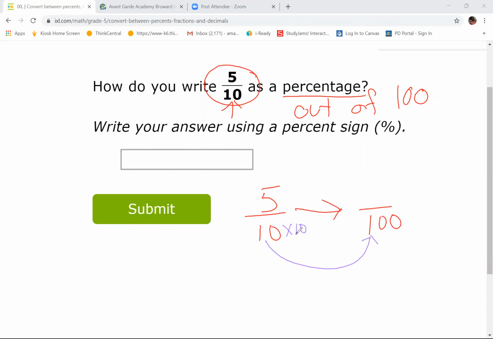And if I multiply my denominator, I have to multiply my numerator by the same, which means I have 50 out of 100. So 5/10 is equivalent to 50 hundredths, which means that my answer is going to be 50, and then I'm going to hold down my shift and press the number 5 to get that percentage. So it's 50% because 50 out of 100 is 50%.